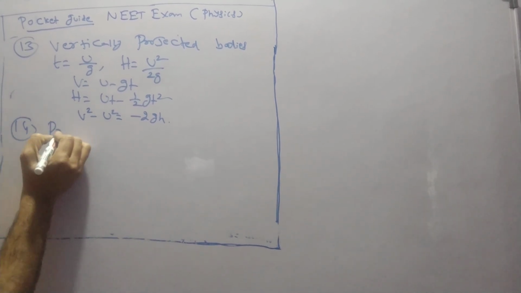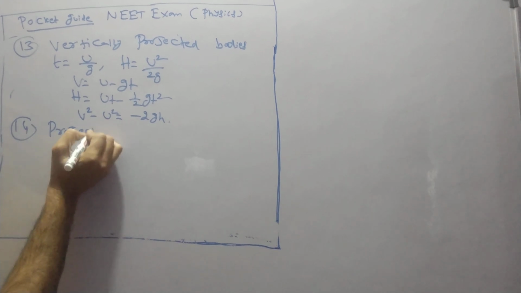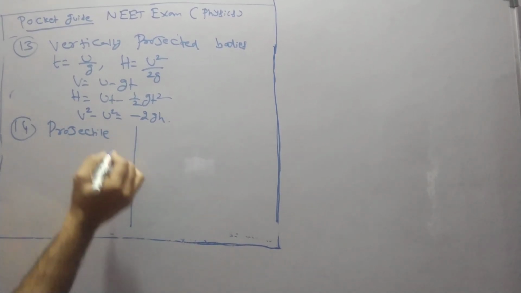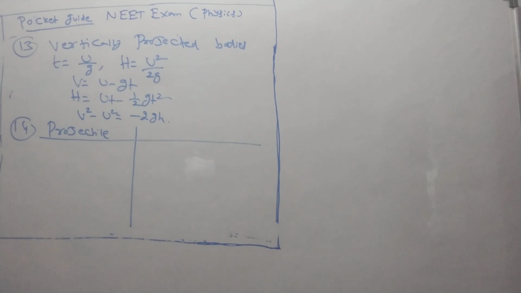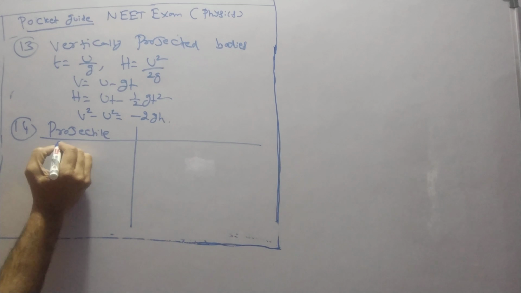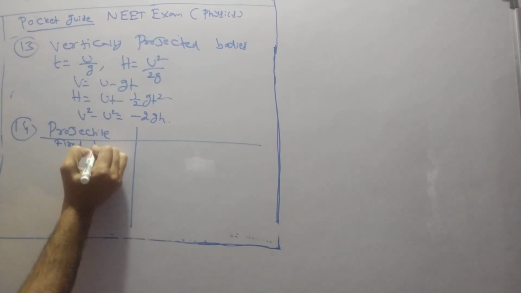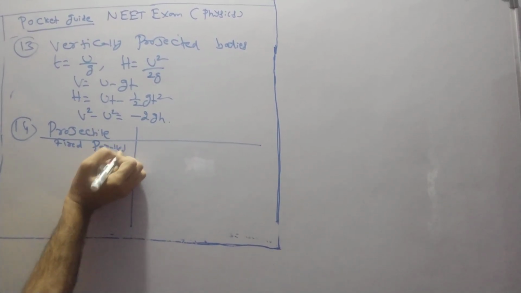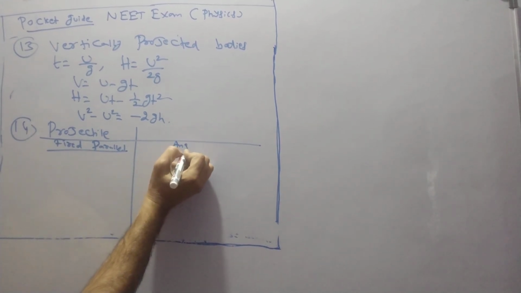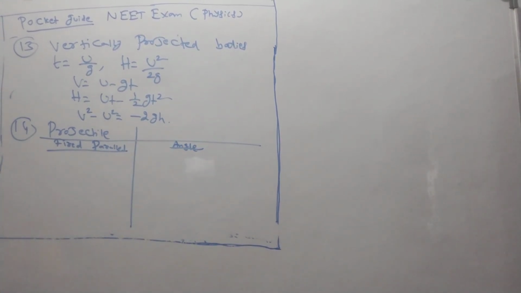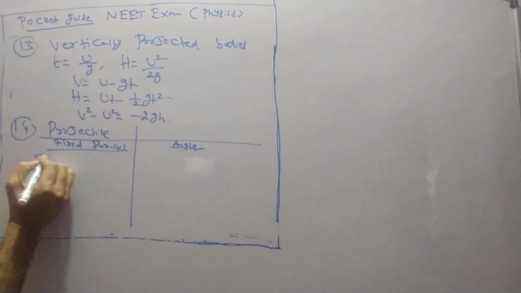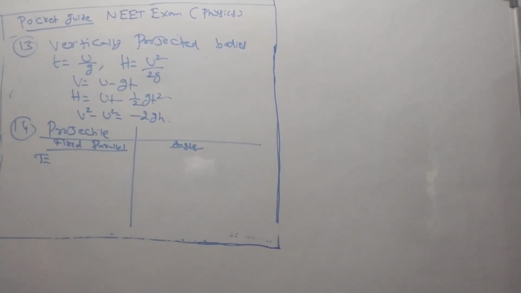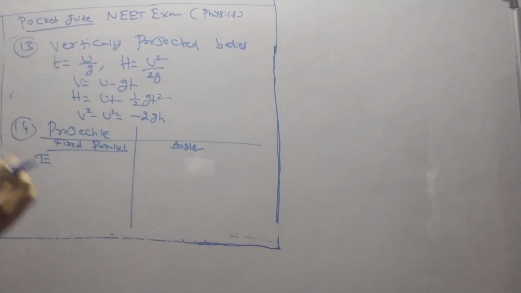Next is about projectile. Two types are there here. One is fired parallel to horizontal, and the other is fired with an angle. So your time of the flight, when it is fired parallel to horizontal, in shortcut form you have to write down these points.